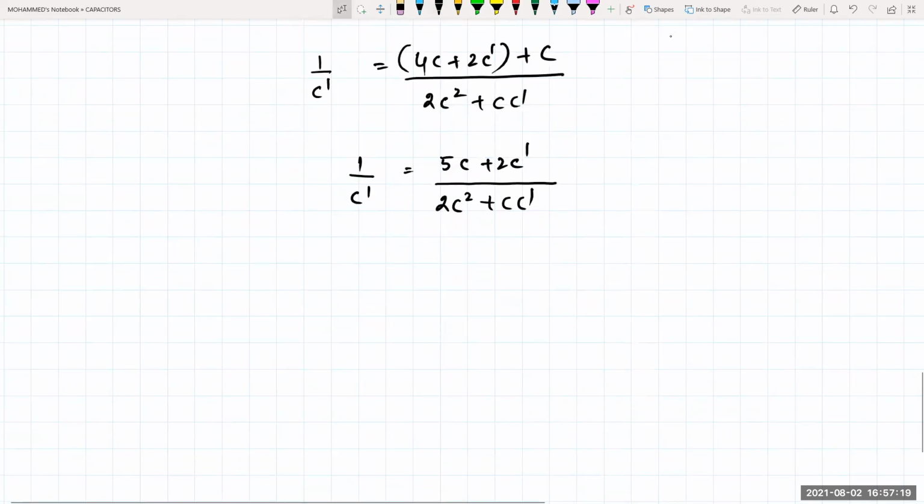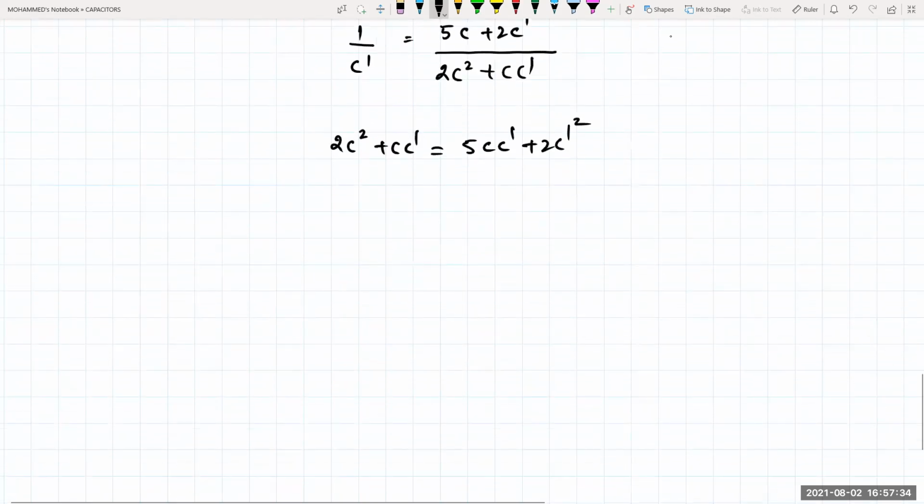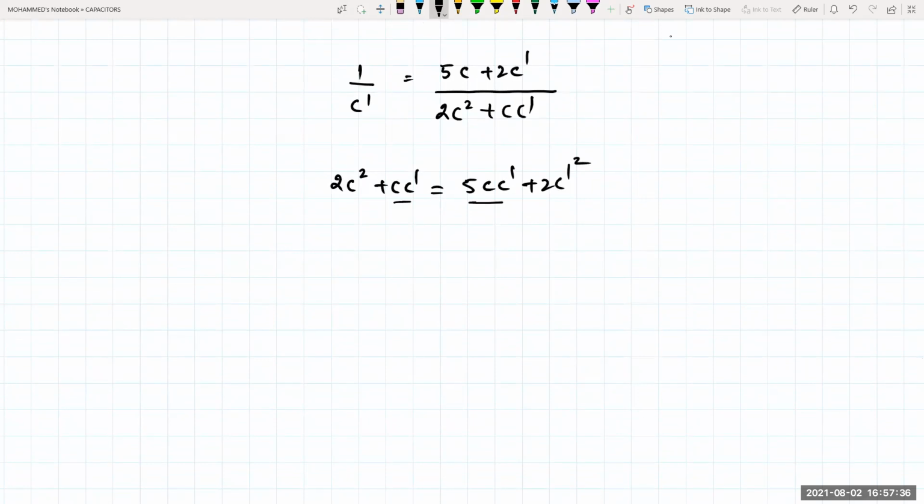Now, if I cross multiply, this will become 2C square plus C into C dash. This C dash will go here. This will be 5C C dash plus 2C dash square. Isn't it? So this is the same, so this is minus.